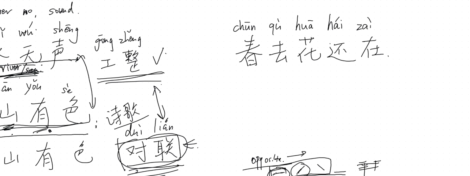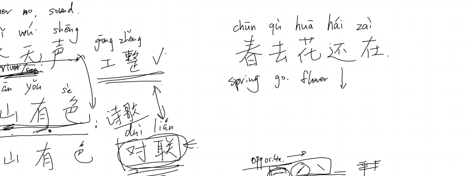春, you should know this character by now. That's springtime. 去 is walk or go. 花 is flower or blossom. 还, do you know this one? Rather, or instead of, or something like that.